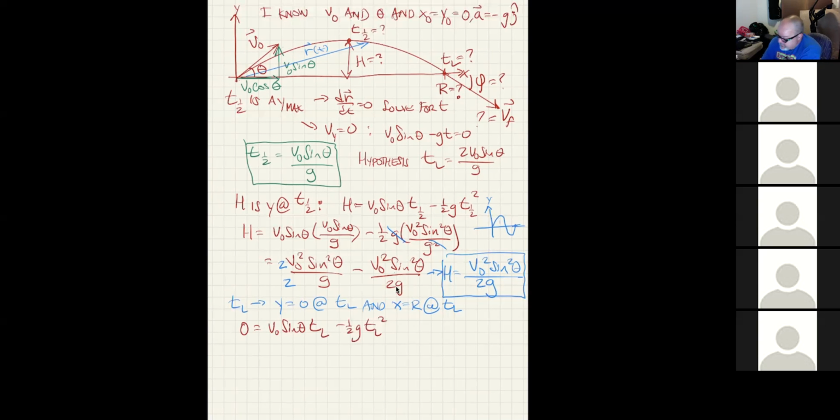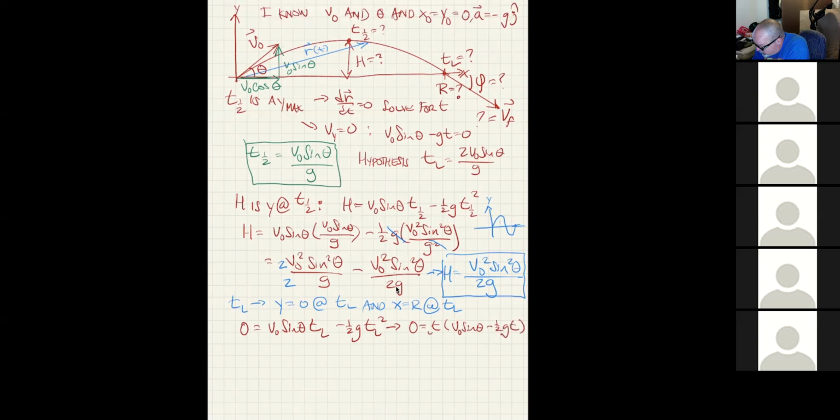Okay. Now, in general, that might mean you have to use the quadratic formula, but in this case, we luck out because I don't have that other constant term. So this just becomes a simple factoring issue. I got 0 is equal to t times v0 sine theta minus 1/2 g t.